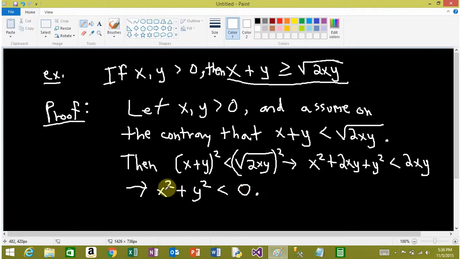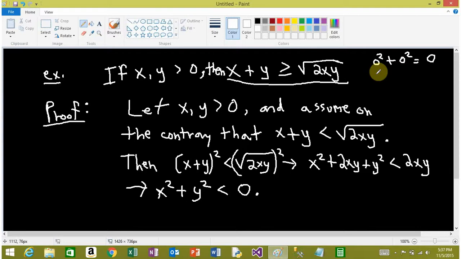And we see here that x squared plus y squared is less than 0. Well, when we have the sum of squares, just doing some scratch work here on the side, if they're both 0, and square that, then we know we're going to get 0, so that's false. It can't be less than 0.